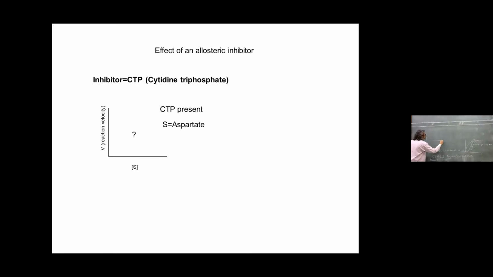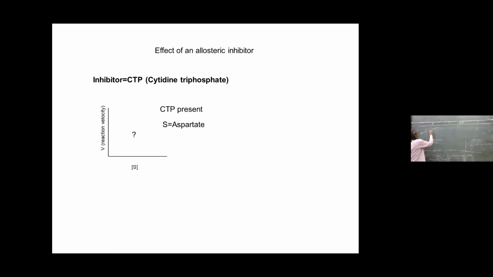So we are talking about this. Let's say the substrate is aspartate, and on the y-axis is the velocity of this reaction. When there is no inhibitor, no CTP, this is what it will look like, a sigmoidal shape because it's an allosteric enzyme.